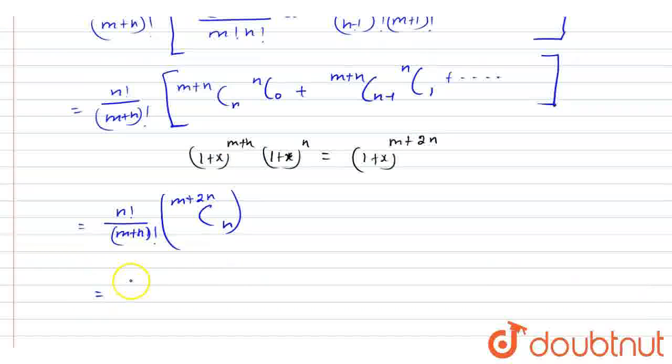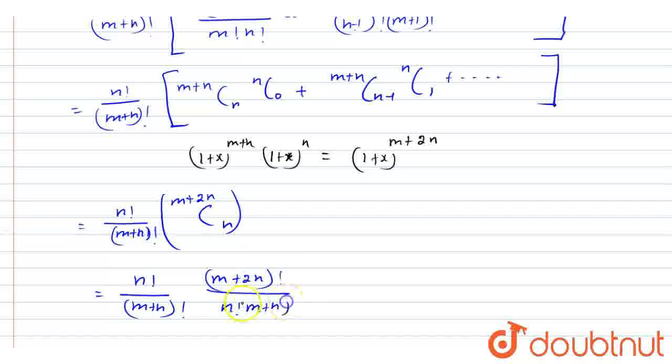Then I am going to keep n factorial divided by (m plus n) factorial as it is, and write (m plus 2n)Cn, which is (m plus 2n) factorial divided by n factorial and (m plus n) factorial.